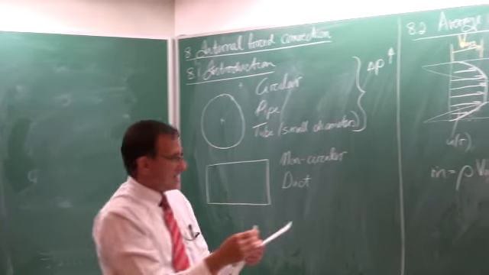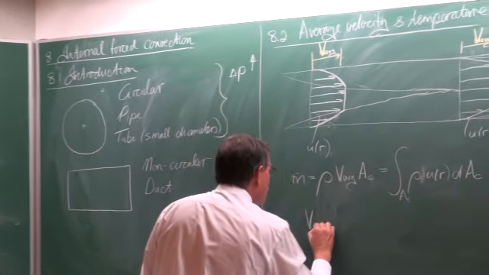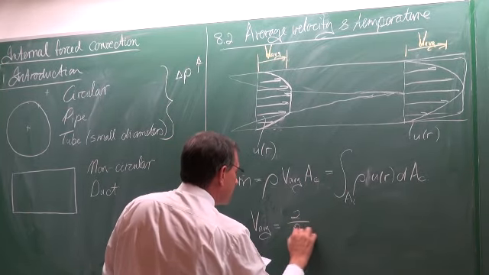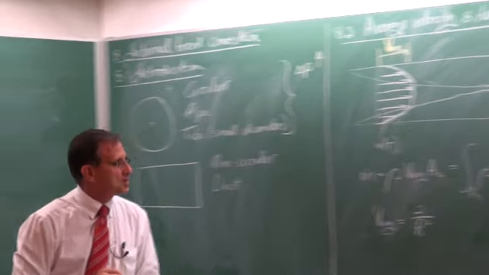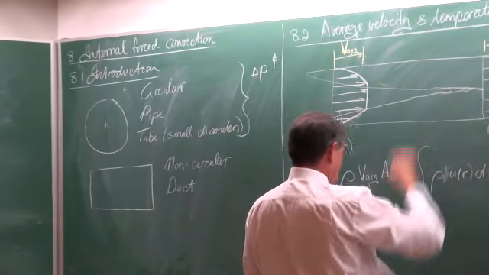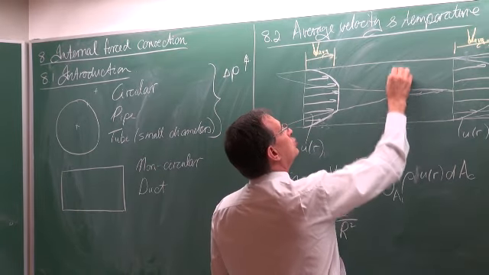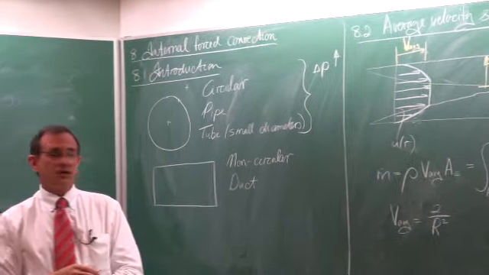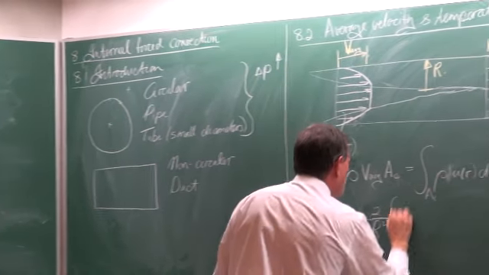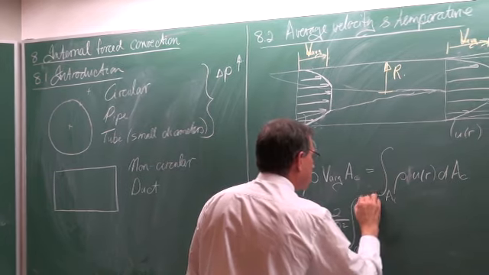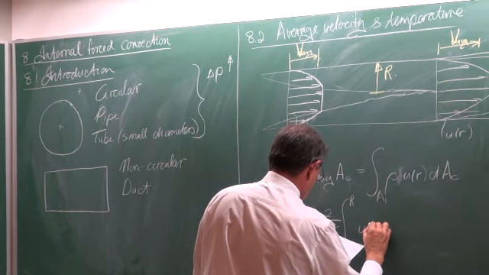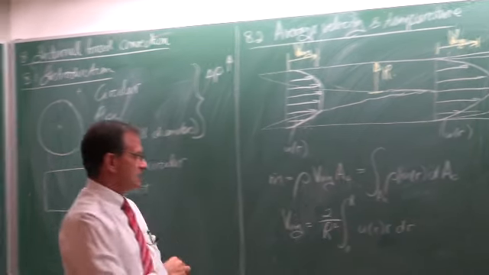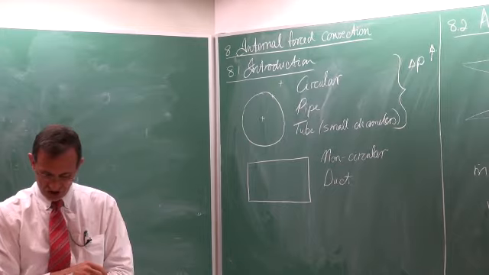So what we're saying is that in essence this average velocity, if we do the integration, can be written typically as 2 divided by R squared, where R would be equal to that radius there. R is the radius of the tube, multiplied by the integral from 0 to R of U r dr, integrated over the radius. So that is the average velocity.